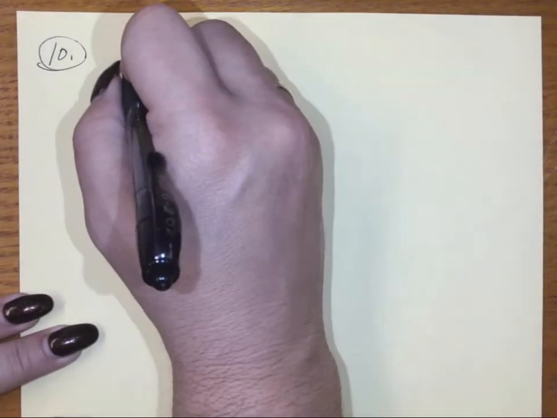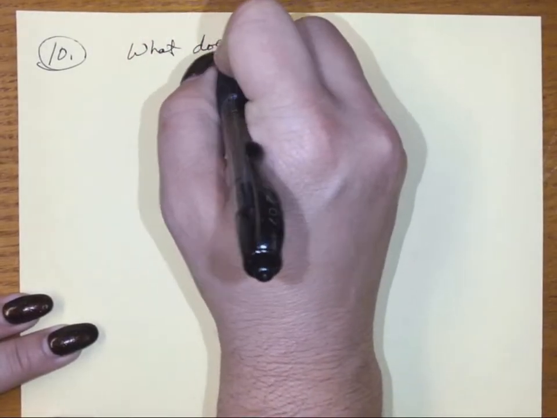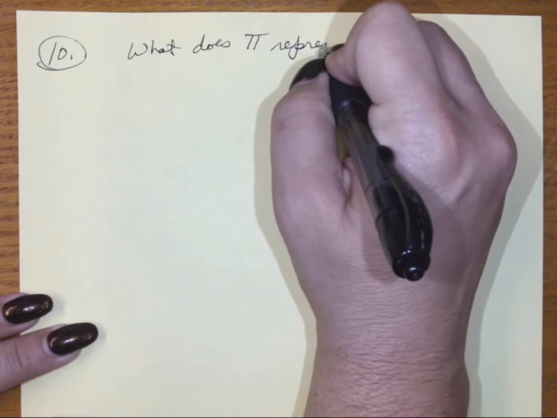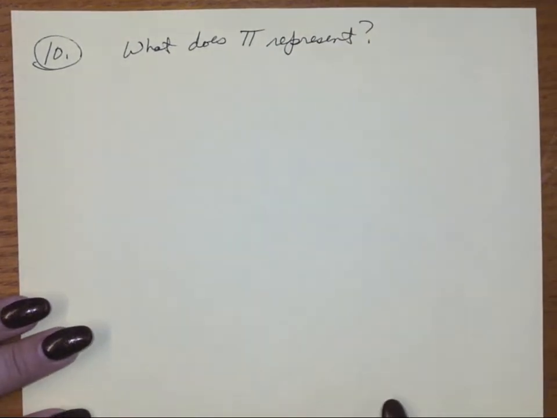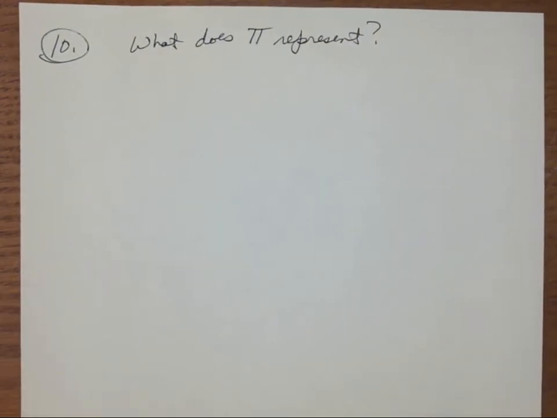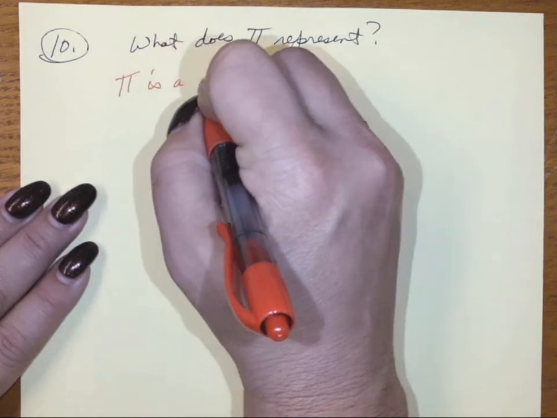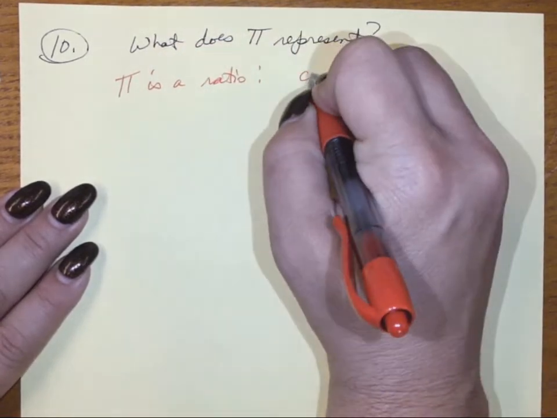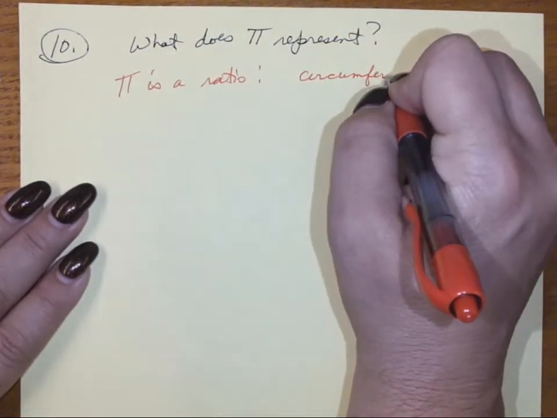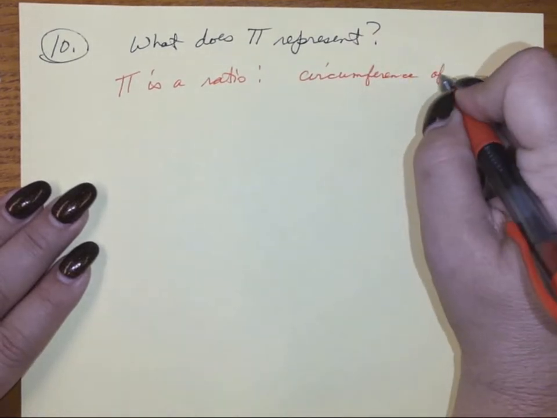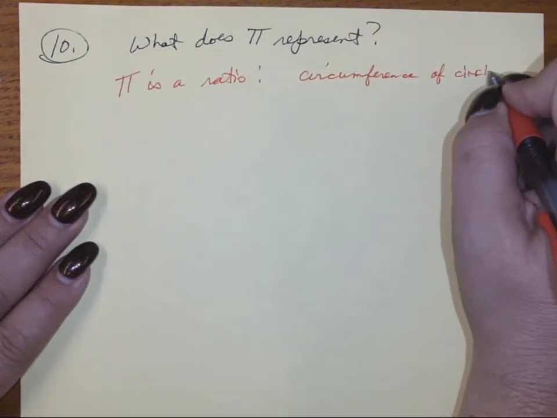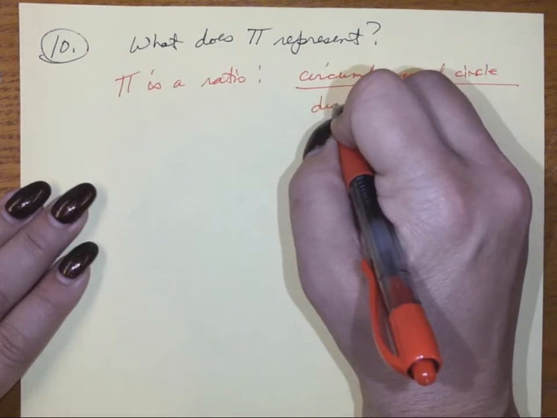All right, because you all want to be teachers at some point, the question is, what does pi really represent? And remember that we did a couple of little activities where you could play with those and see things. We did coffee filters. We talked about an activity you could use in class. So hopefully you know that pi is a ratio, circumference of a circle divided by the diameter of the circle.